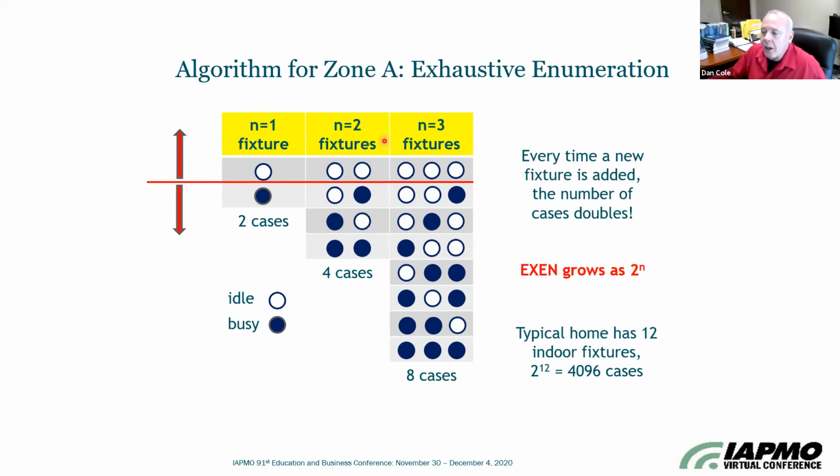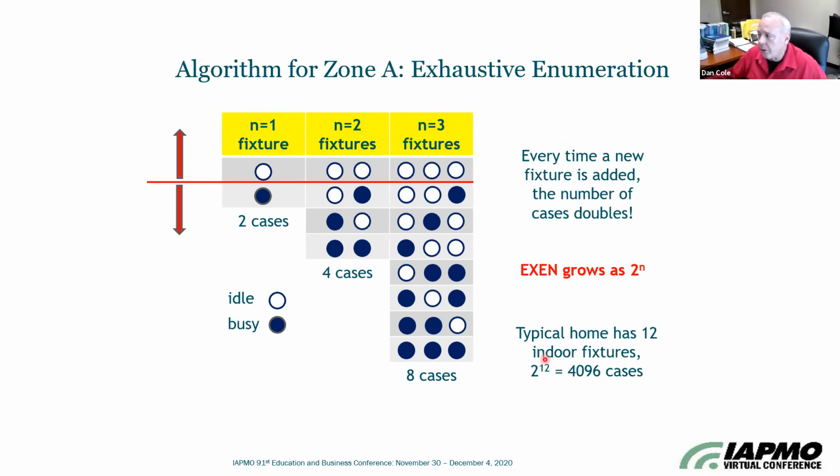So each time you add a fixture, it grows exponentially, 2 to the nth power. So 3 fixtures would be 2 to the 3rd power, which is 8 cases. A typical home has 12 indoor fixtures, 2 to the 12th power. This macro will run 4,096 cases in order to find that 99th percentile.